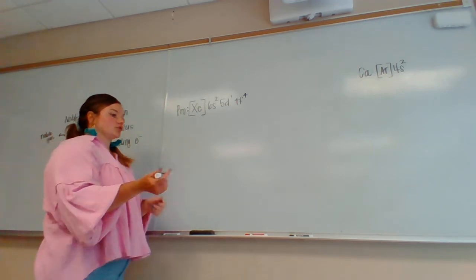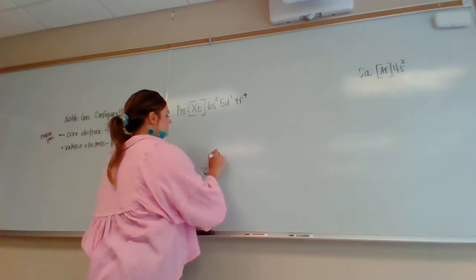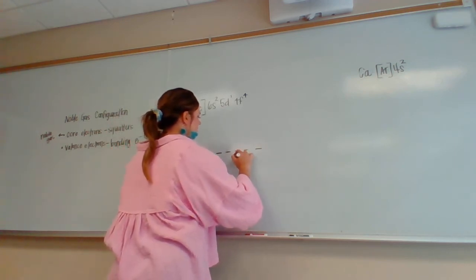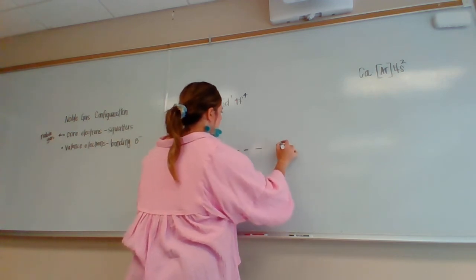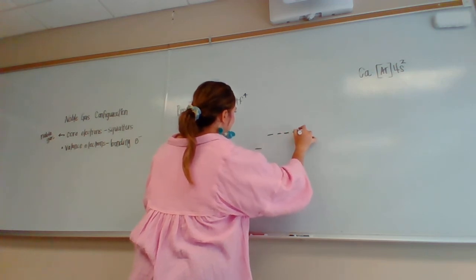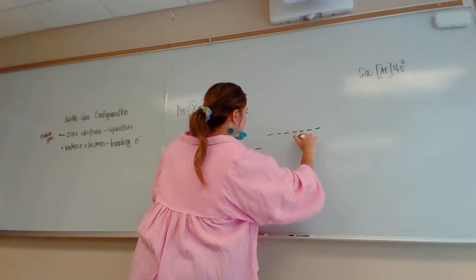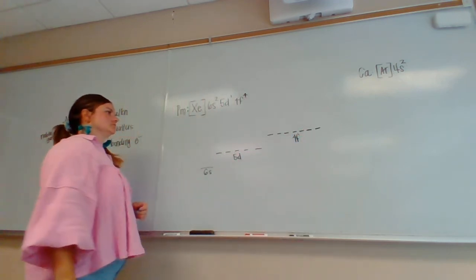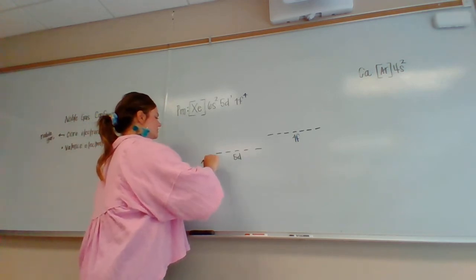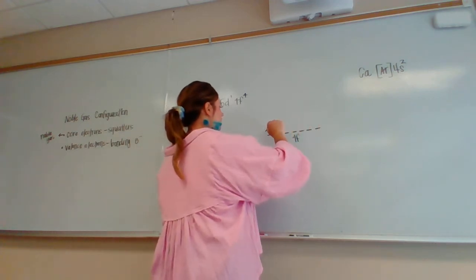So if I asked you to draw the orbital diagram, it would be 6s, 5d. Technically f is a little higher in energy. So I put 2 electrons in my S, 1 in my D, then go to my 4f.